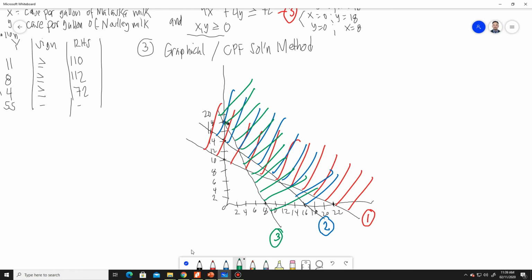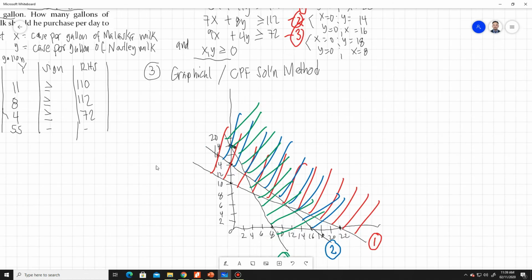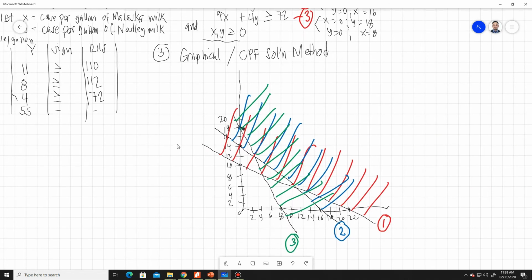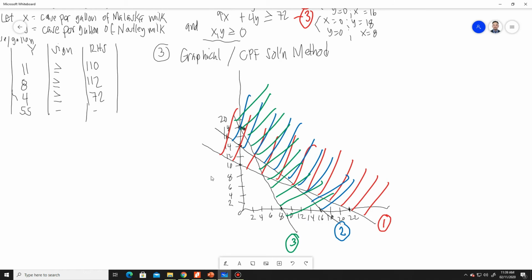And since we have the non-negativity constraints, we will not consider the second, third, and fourth quadrant. We will just concentrate in this first quadrant. And then next, we will find the common shaded region for the three lines. As you can see, this is the common shaded region.